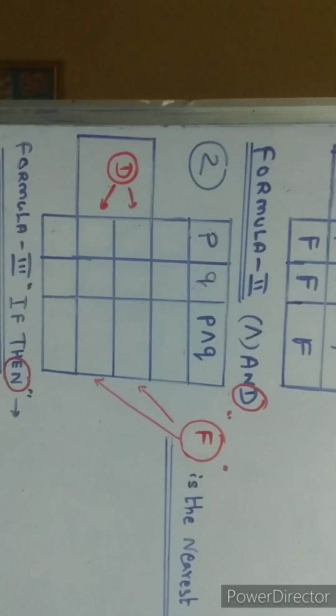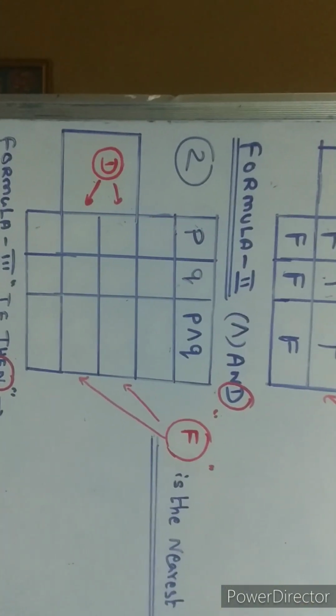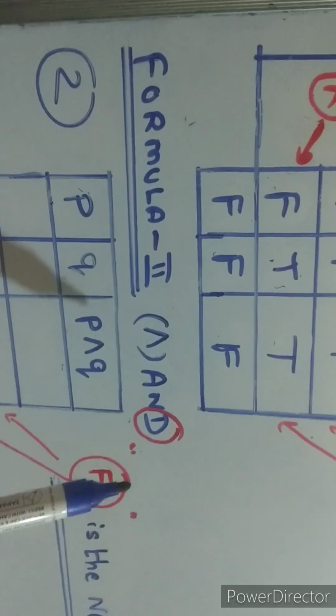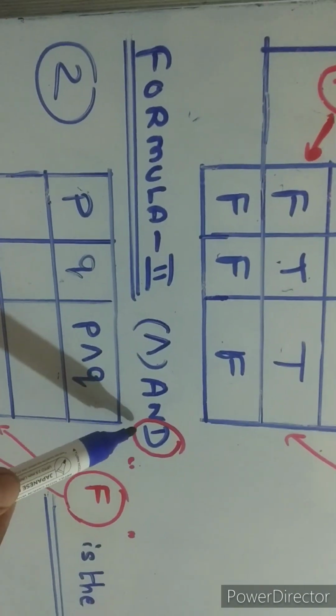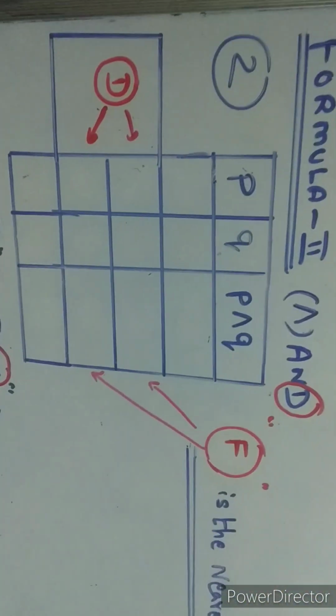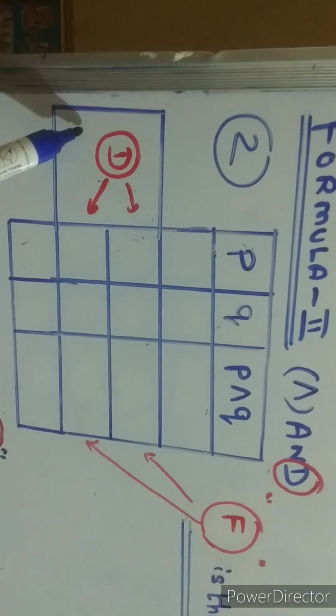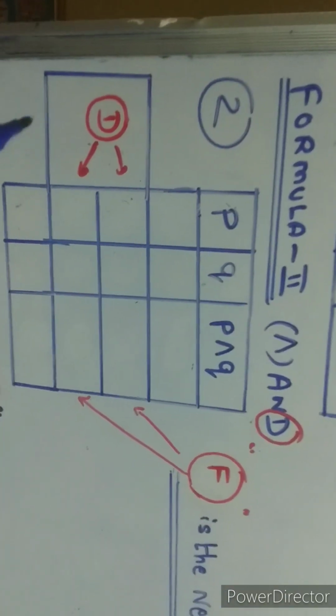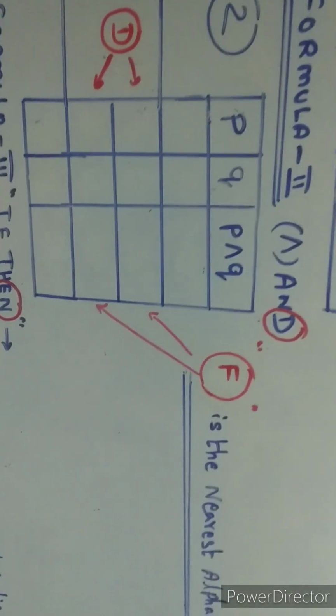Next we will go to formula 2, AND. Here I have taken the last letter, capital D. The same capital D I have written here. Now in the same way we will fill in the table.